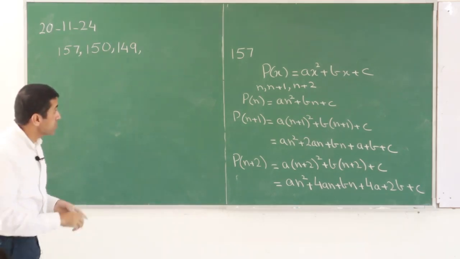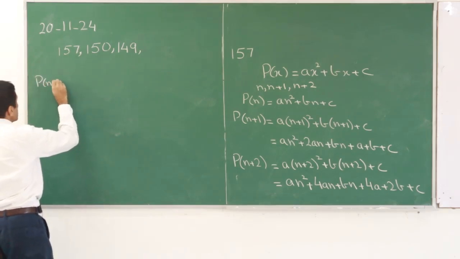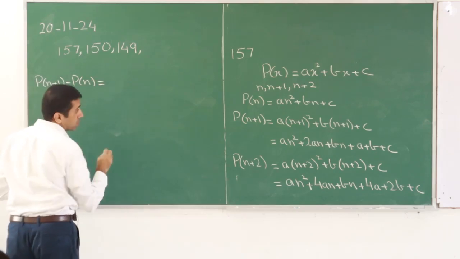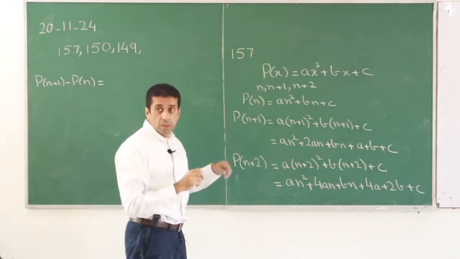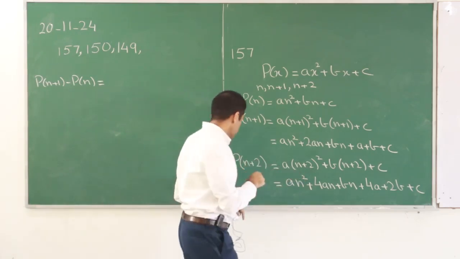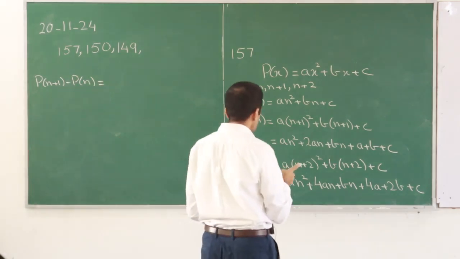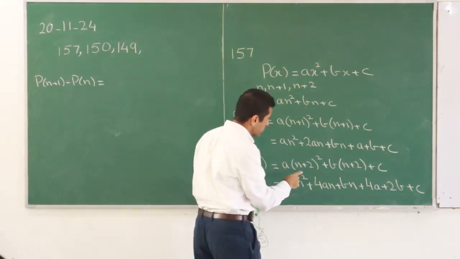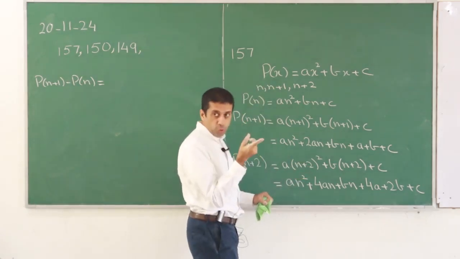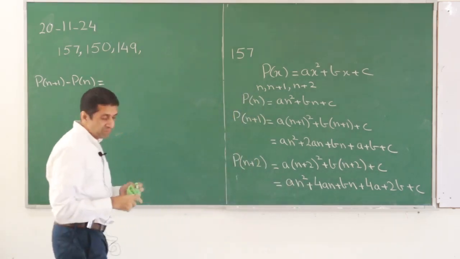So now let's look at differences. So I'm looking at P of n plus 1 minus P of n, and what's that equal to? Well, that's equal to, from here, 2n, and when I double 2n I'll get 4n, and 4n multiplied by a is 4an, sorry.